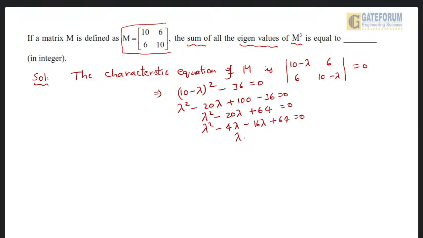So this simplifies to lambda minus 4 into lambda minus 16 is equal to 0.